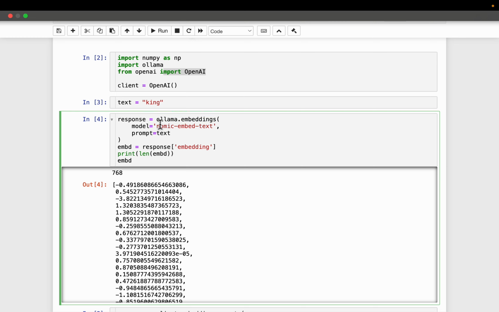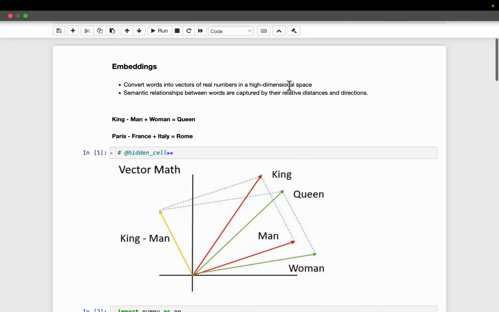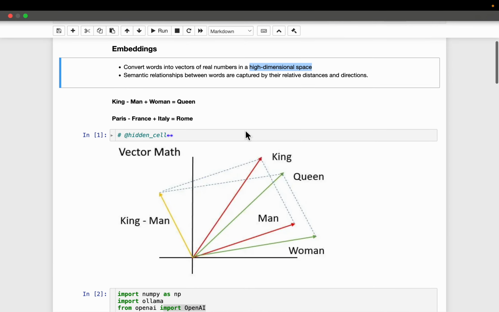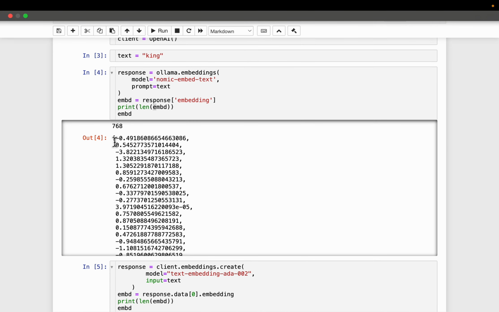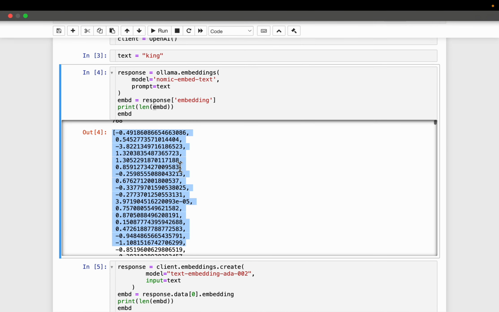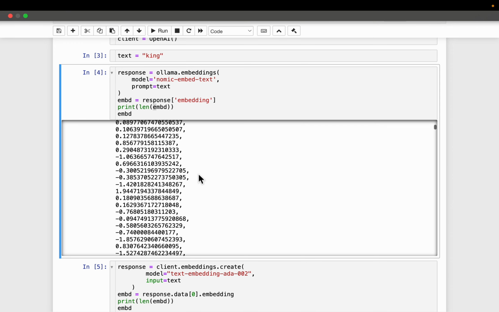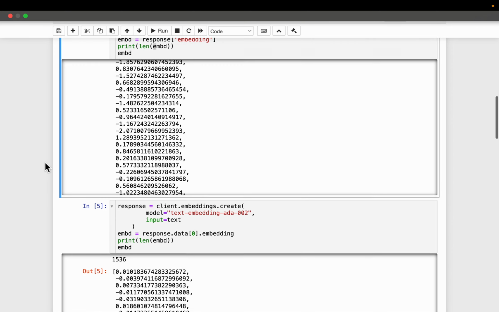We just call this function with the model name and text, and that gives us the embeddings. This model's embeddings are of size 768. So that is what we meant by high dimensional space. And this is how the vector looks, all these real numbers with size 768.